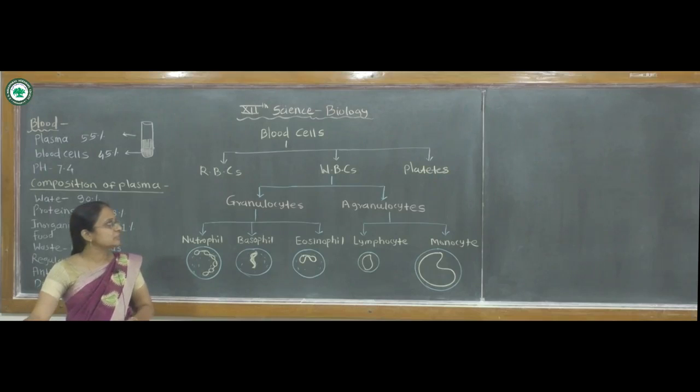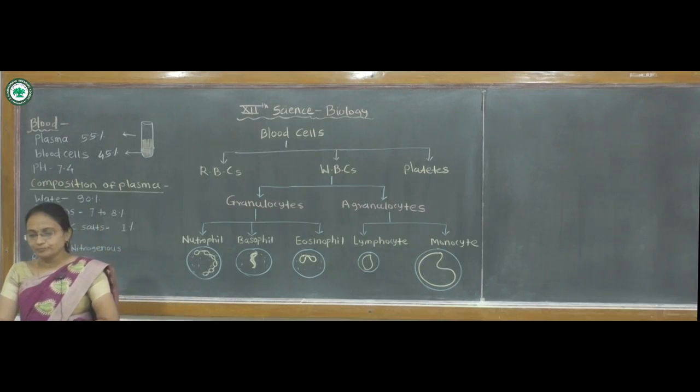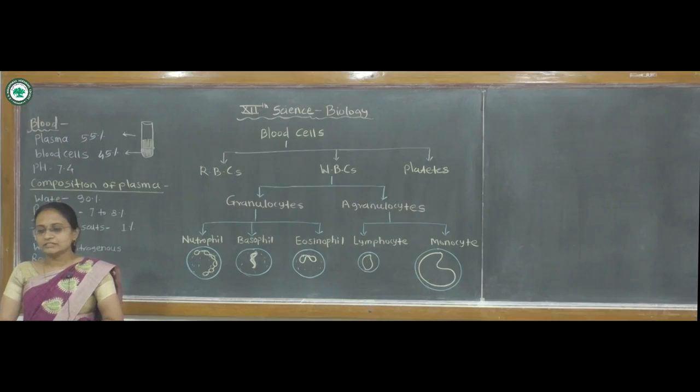The last cells are the platelets or thrombocytes. These platelets or thrombocytes show the main function, that is the clotting of the blood. These thrombocytes are cellular fragments formed from the large cell called megakaryocyte.